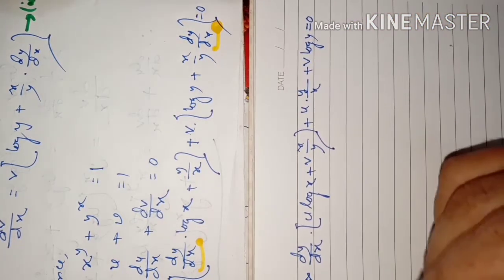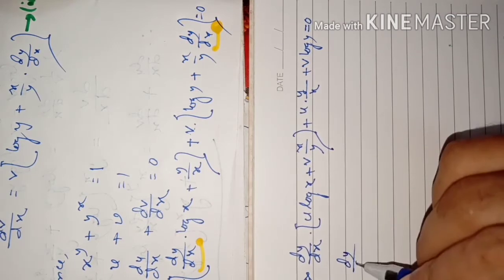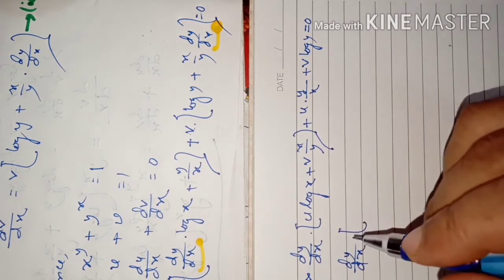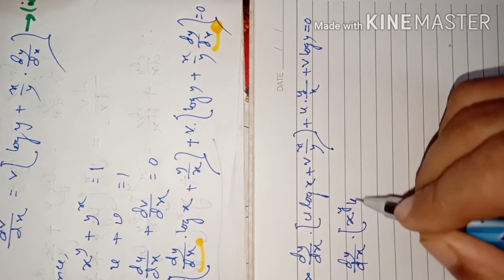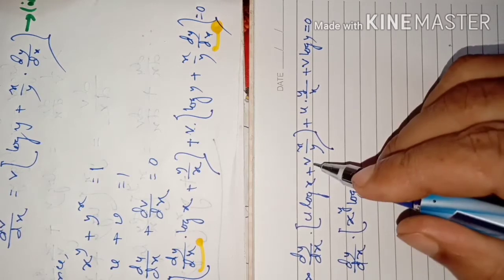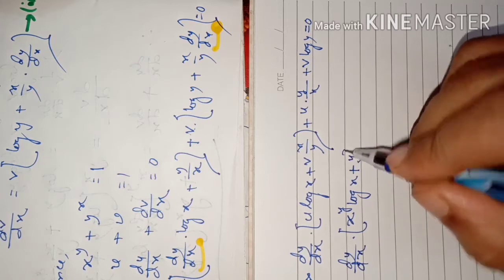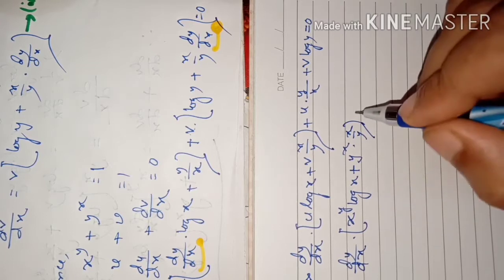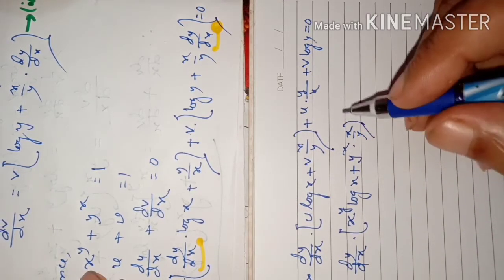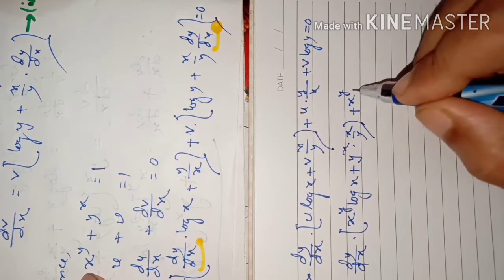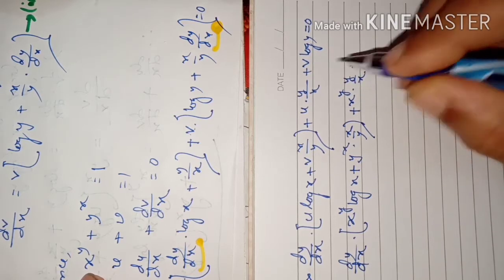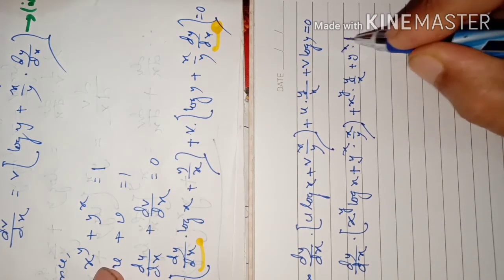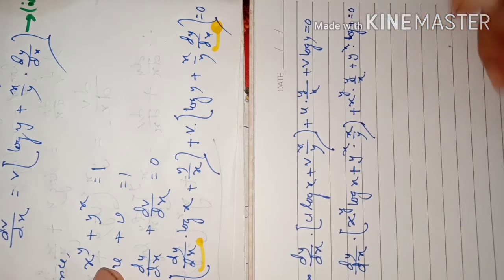So now from here, dy by dx into u, which stands for x to the power of y log x, plus v, which stands for y to the power of x, into x by y, plus u, again x to the power of y into y by x, plus v, y to the power of x into log y, is equal to 0.